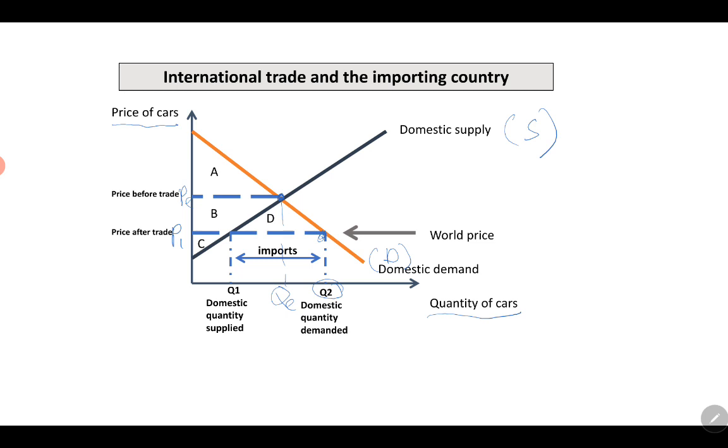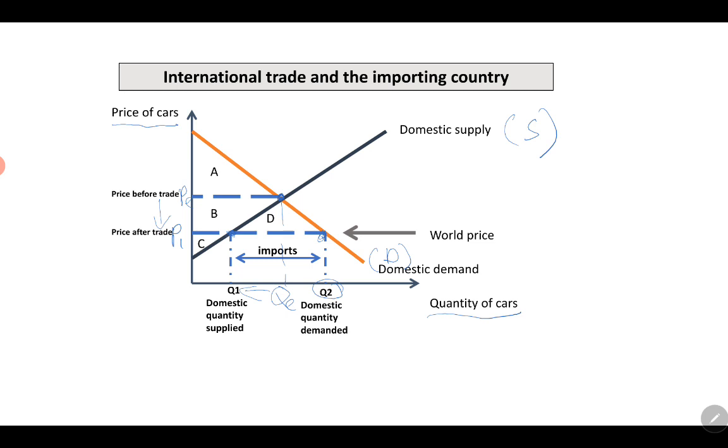When price decreases, quantity demanded increases. The other way around for supply, when price decreases, quantity supplied decreases, because now the domestic producers have to reduce their prices to be on par with the cars that come from other countries. So they will feel it's not profitable, so they will reduce the quantity of cars produced.